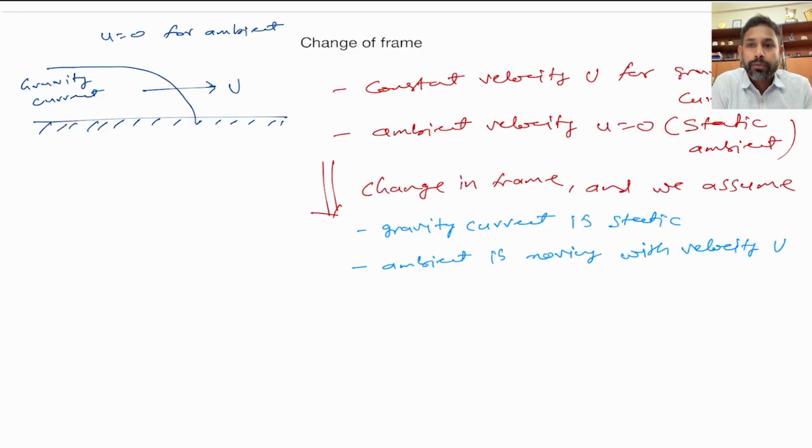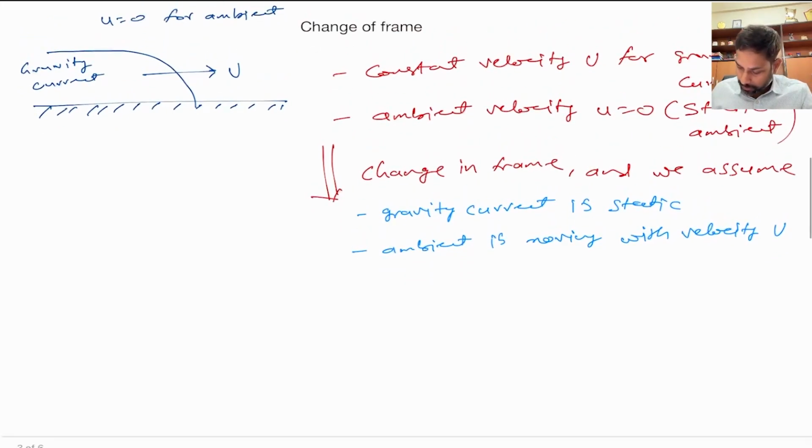Okay, so this is all about relative velocity. We are concerned about relative velocity, that is capital U. So when ambient is zero, gravity current is flowing with capital velocity U. And now we change the frame of reference and we assume that our gravity current is static and ambient is moving. So our reverse problem now looks something like this.